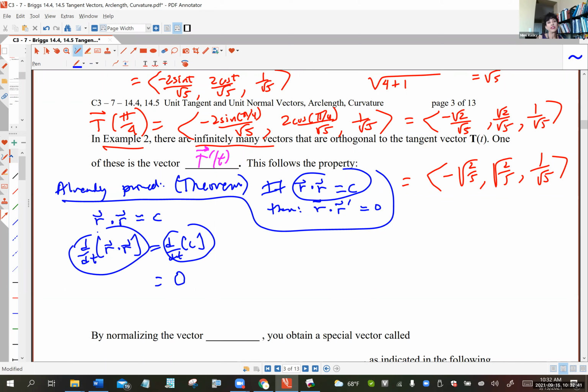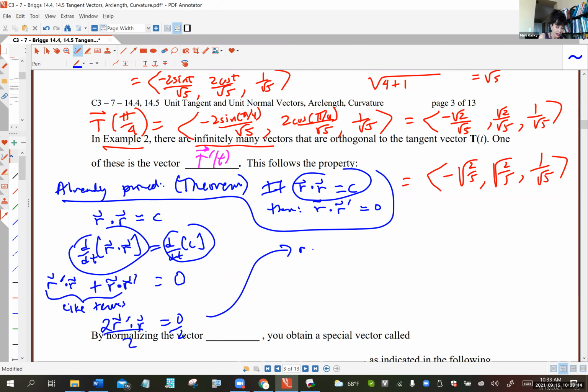It's a product rule that says the derivative of a dot product of two vectors is going to be r prime dot product with r plus r dot product with r prime. And then these are like terms, so you can add them together. So 1 apple plus 1 apple is 2 apples. And then divide both sides by 2, and voila, you have what the result is, okay?